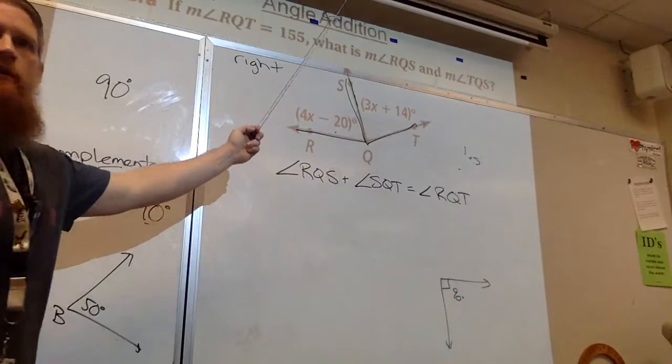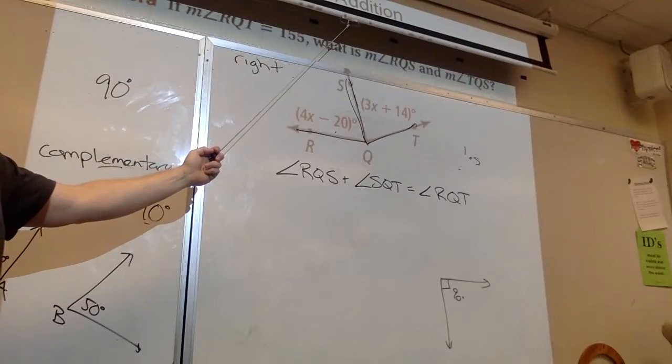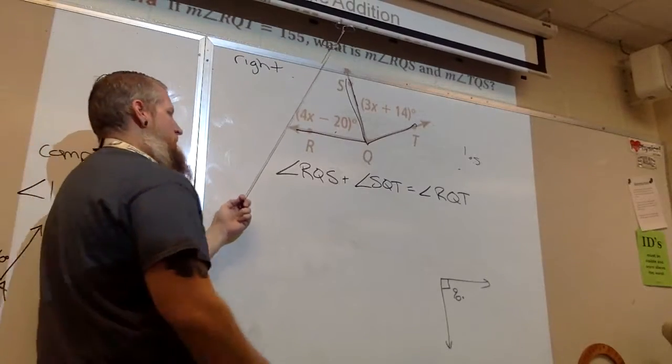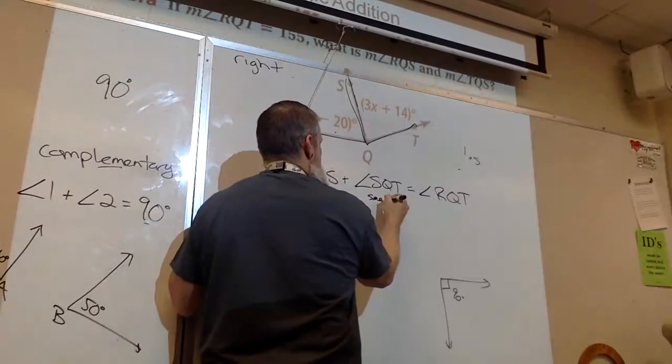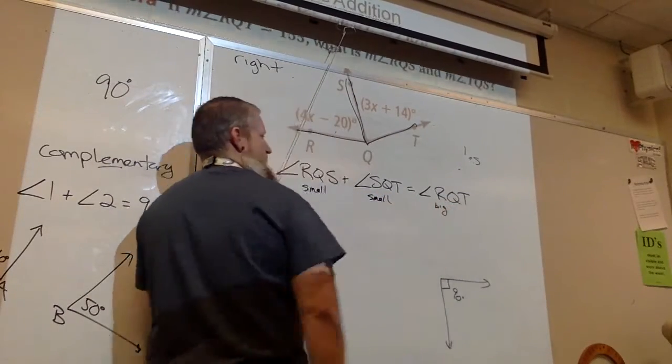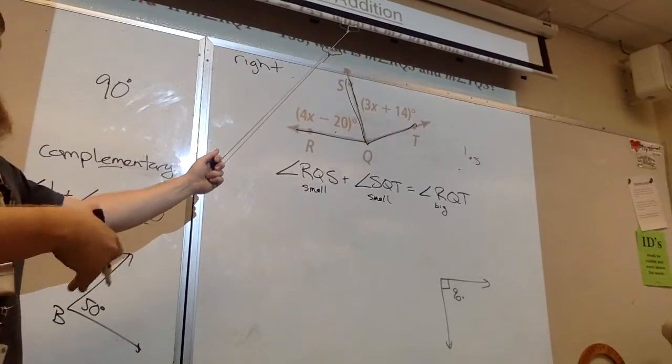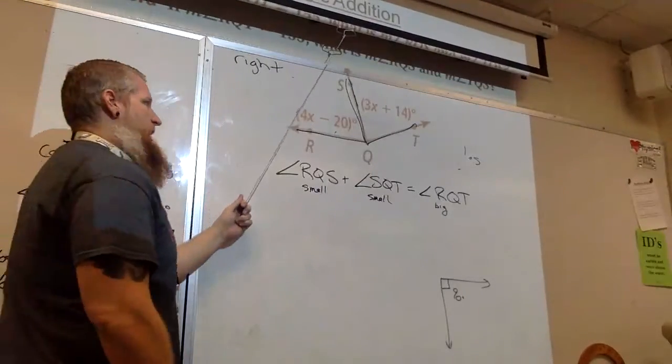I'll get the big one. All right? And writing it out with letters, you're going to have to understand that. But still, this is the idea: this is a small one, that's a small one, that's the big one. If you're just trying to solve it for x's or things like that, you can just keep that idea in your head.